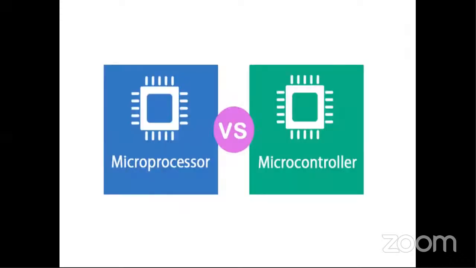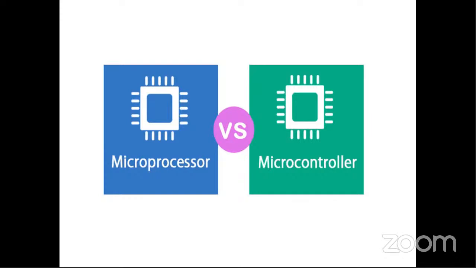Now, what is the difference between microprocessor and microcontroller? A microprocessor consists of a standalone CPU, which does not have its own RAM, that is, memory components are not present, neither does it support input-output devices, nor does it have a timer control unit inbuilt.